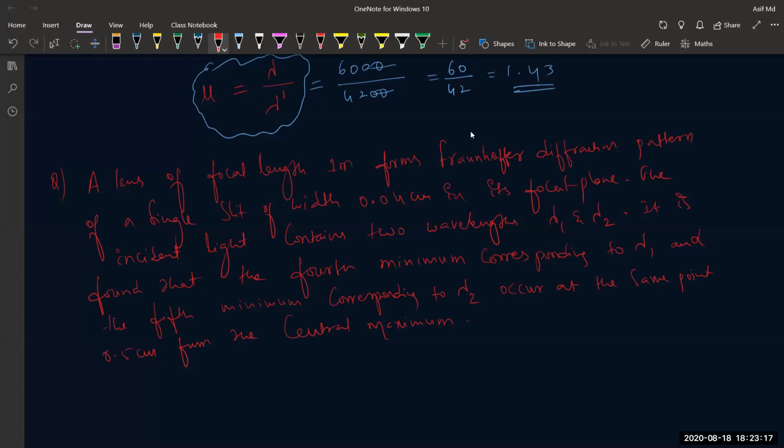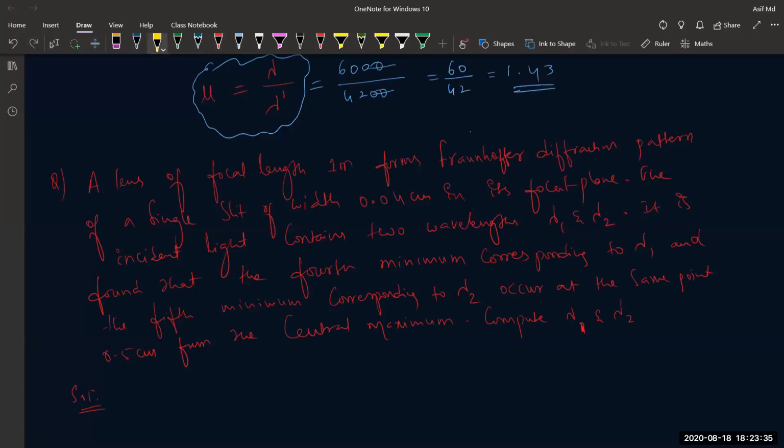Compute lambda 1 and lambda 2. That means calculate the value of lambda 1 as well as lambda 2. Can anyone try it?